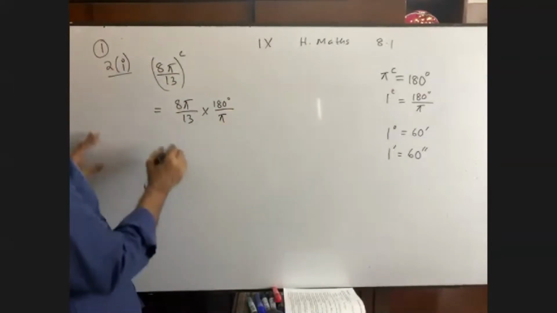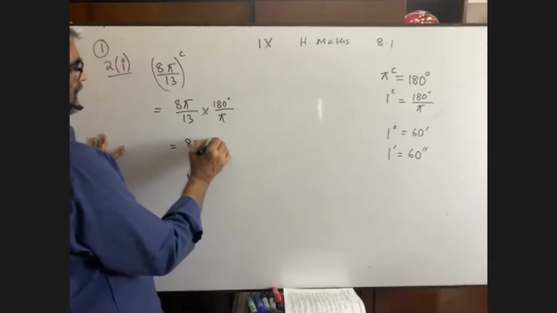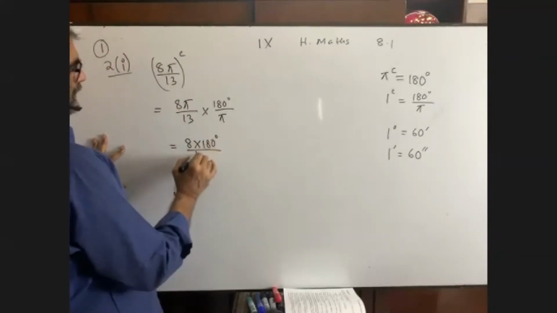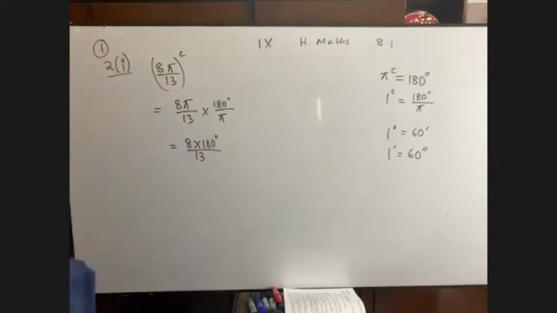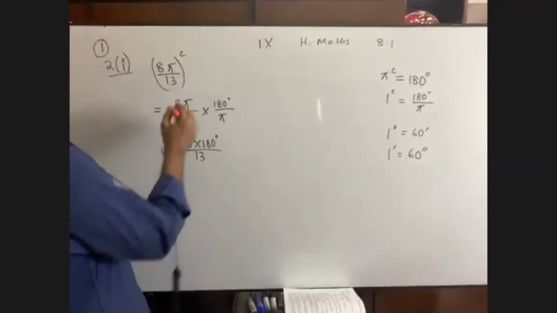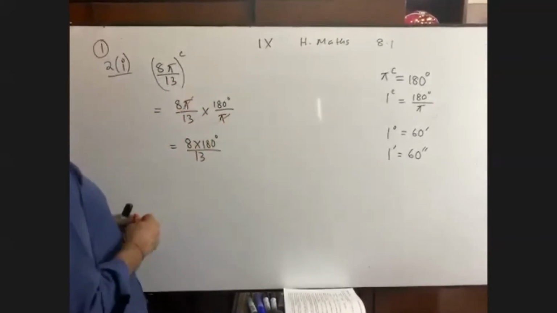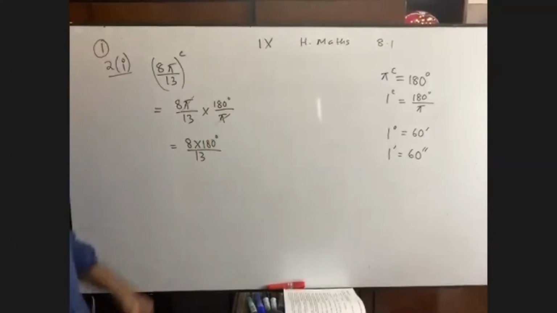Pi will be omitted, so 8 into 180 degree by 13. Please calculate it and let me know. Here pi will be omitted from both the numerator and denominator. Now can you calculate?